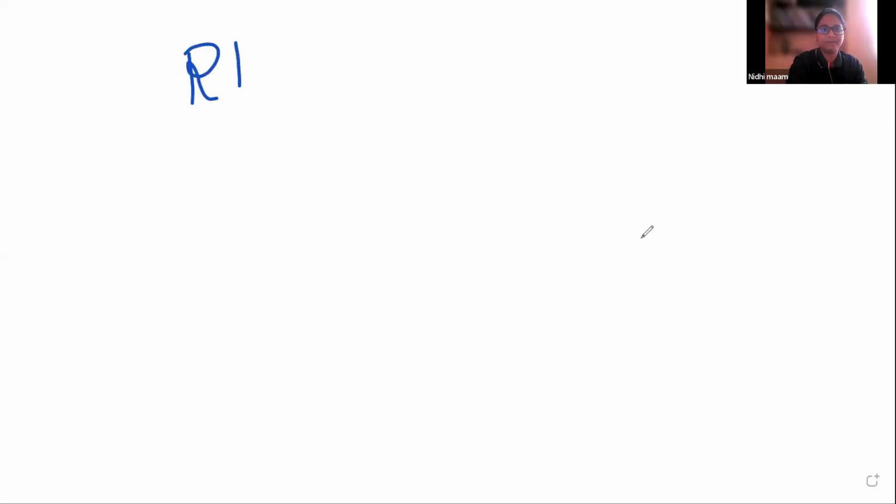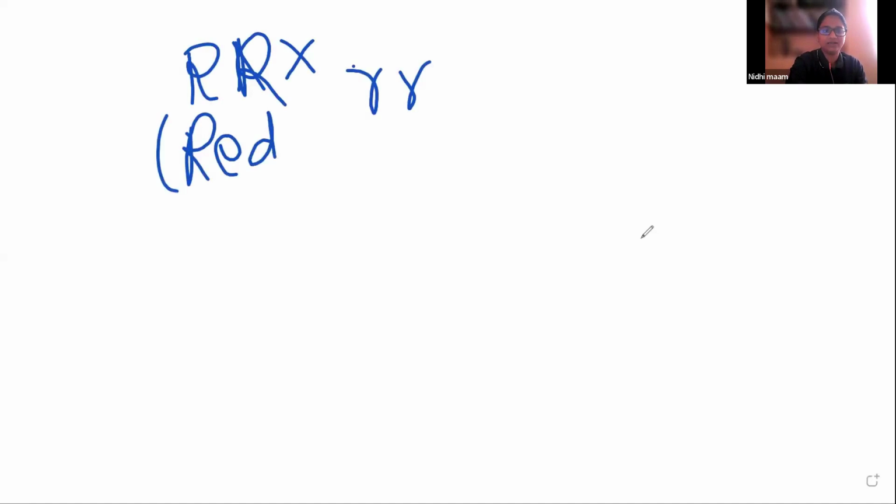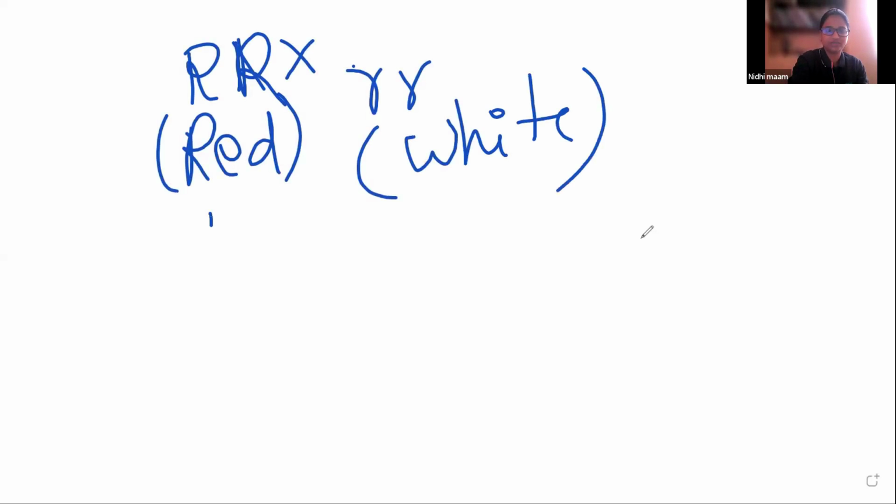So here, first, let us consider RR crossed with rr. This is the red one, and this is the white one. This is gamete formation.